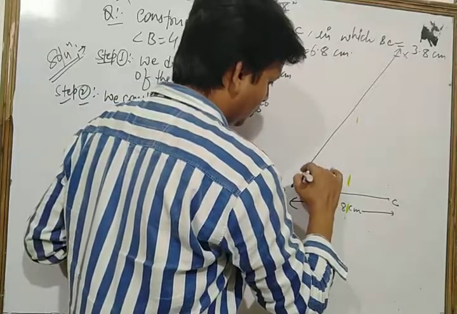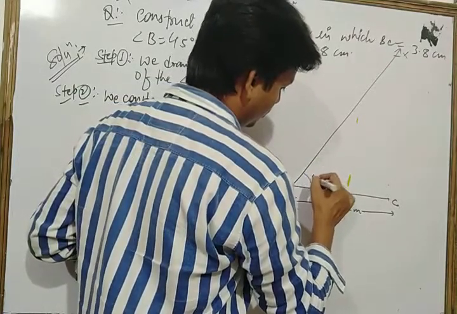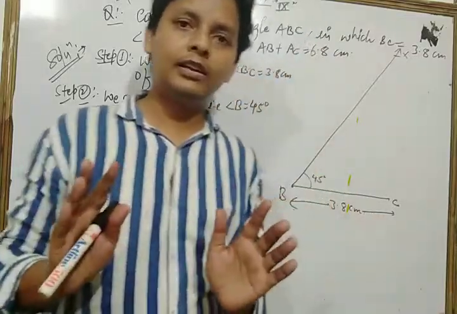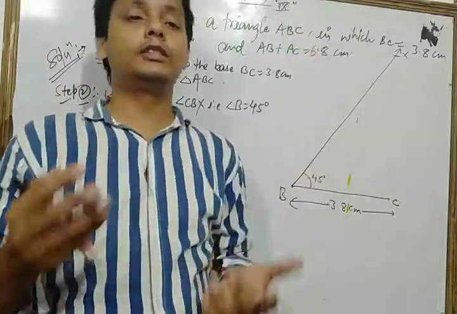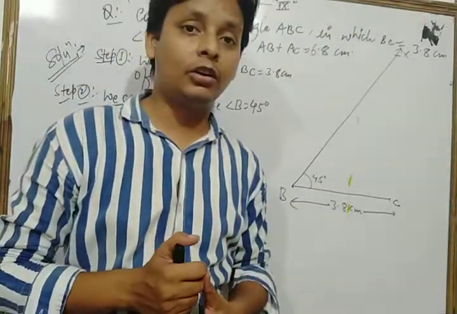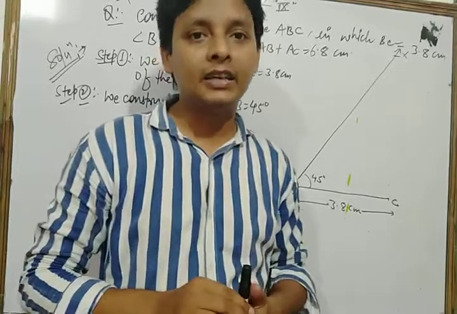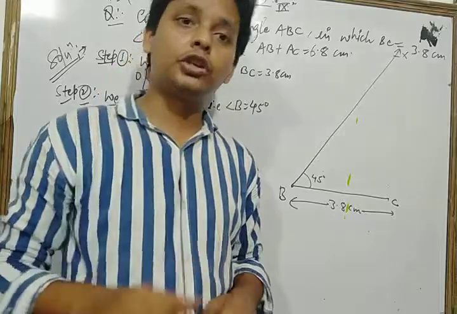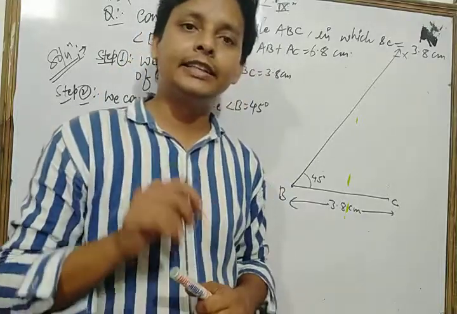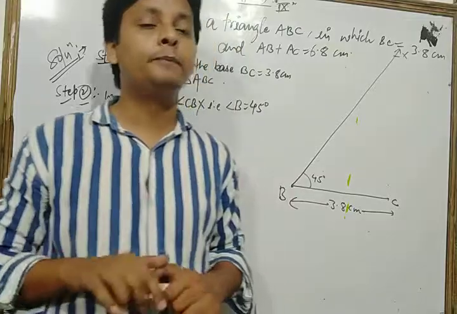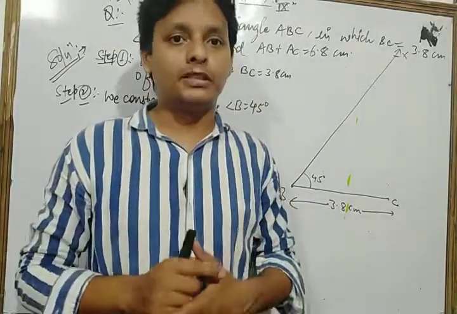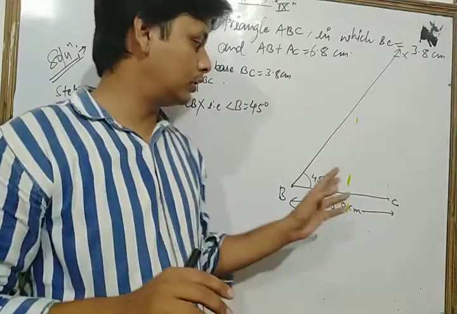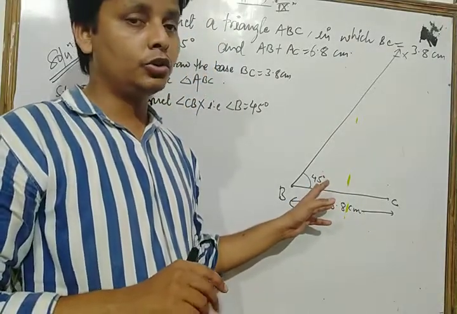Angle B is 45 degrees, and you know that very well. What is the process to construct an angle of 45 degrees with the help of ruler and compasses? In the previous class we also discussed the construction of some standard angles such as 90 degrees, 45 degrees, 60 degrees and 30 degrees with the help of ruler and compasses only. So this topic is clear, which we discussed in the previous class.